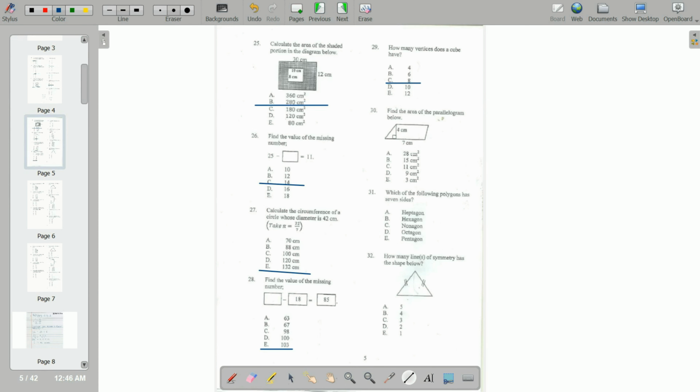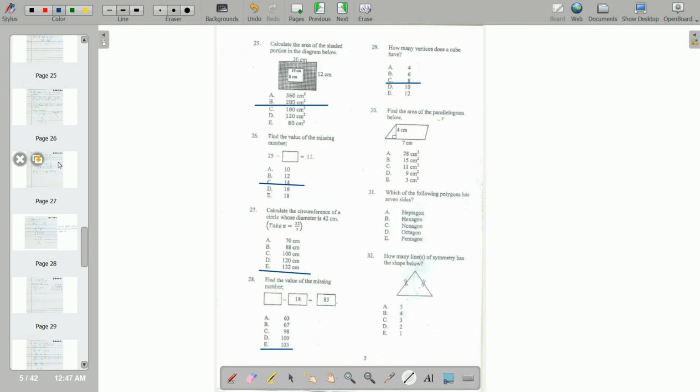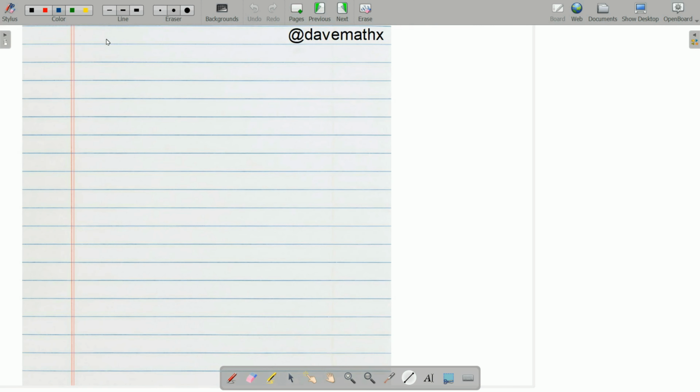Next is question 30. To find the area of a parallelogram, we must know the formula.